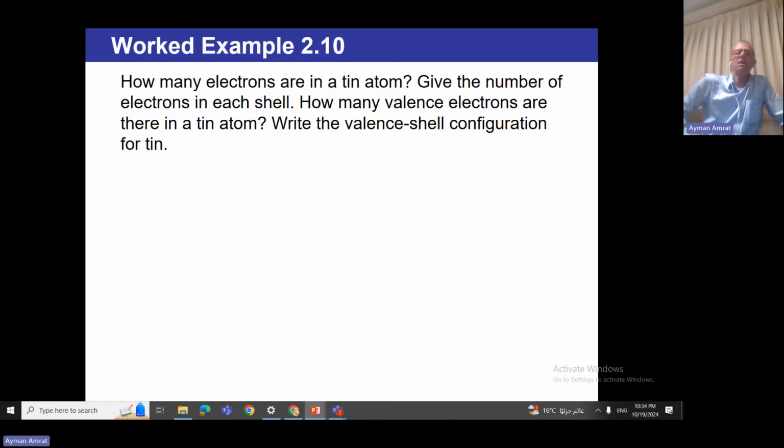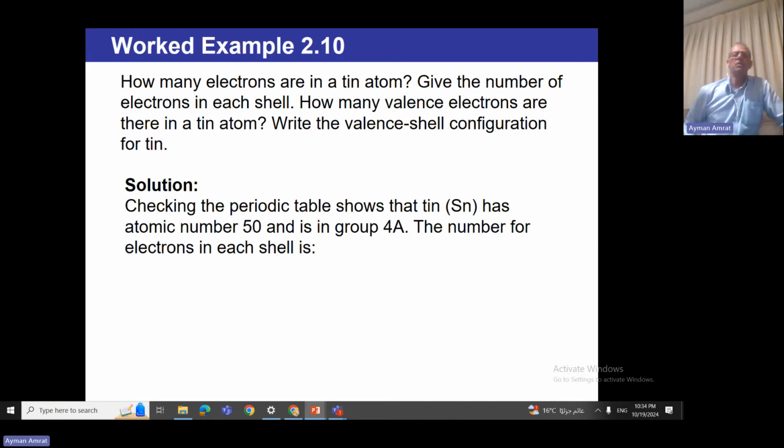How many valence electrons are in a tin atom? Tin has atomic number 50, so 50 protons. In the periodic table, Sn is found in group 4A, with 4 valence electrons, so the number of electrons in the outermost shell is 4.